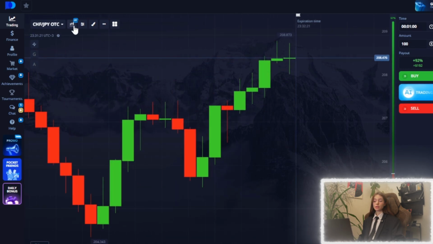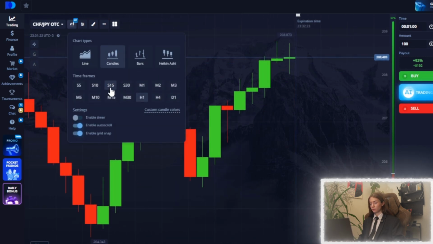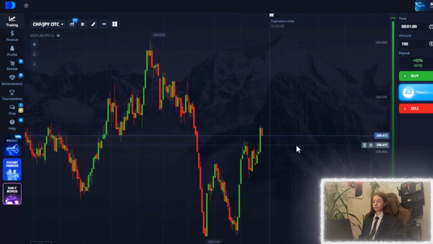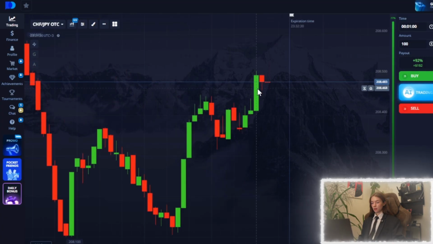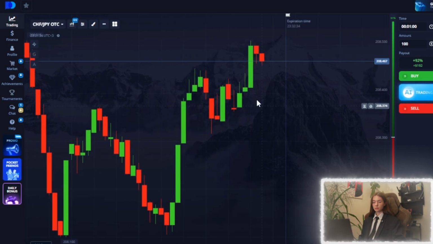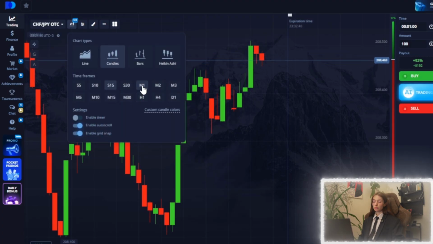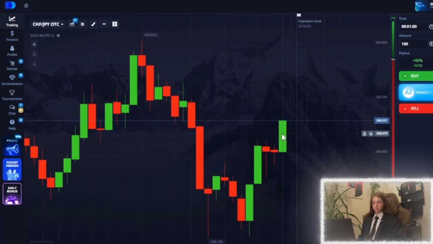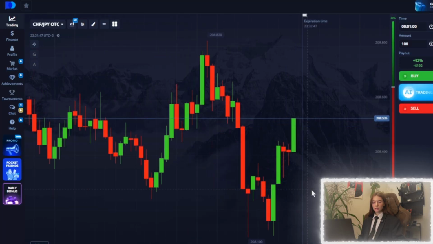Let's look at the impulse by selecting, for example, 15 seconds. Again, you can see an upward tendency. These are candles that formed. Now there are two consecutive downward candles, but if we look at the 1 minute time frame, you can see the upward trend again. Let's mark our resistance level.